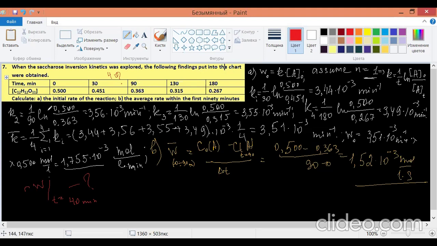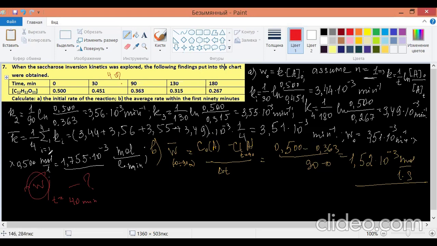And then graphically, we can get the approximate value of this concentration at time t of 40 minutes. But that will not give us the answer for the rate.